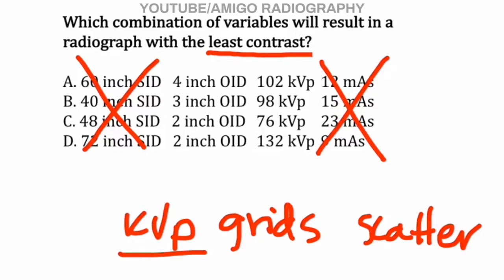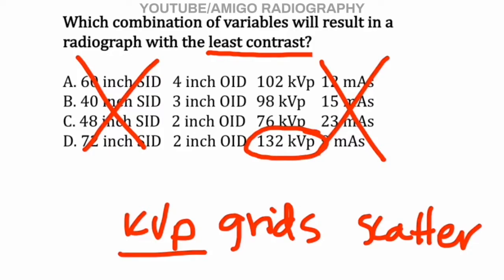But let's start with kVp, and I'll explain OID in just a minute. If we want the lowest possible contrast, so a very long scale of gray, lots of gray, not very much black and white, we want a very high kVp. A high kVp is going to actually decrease our contrast, and so obviously that's going to be 132 kVp.